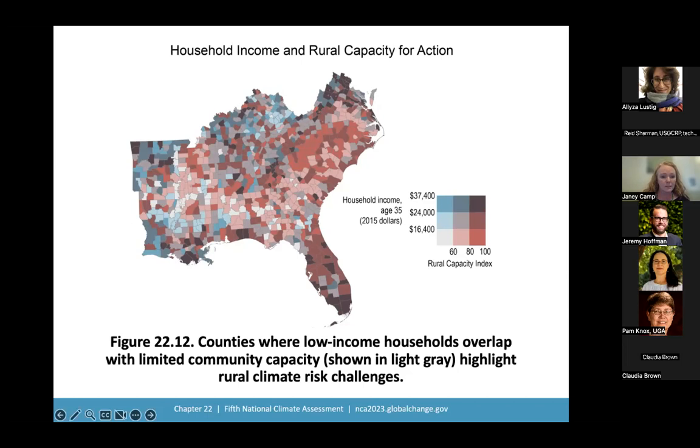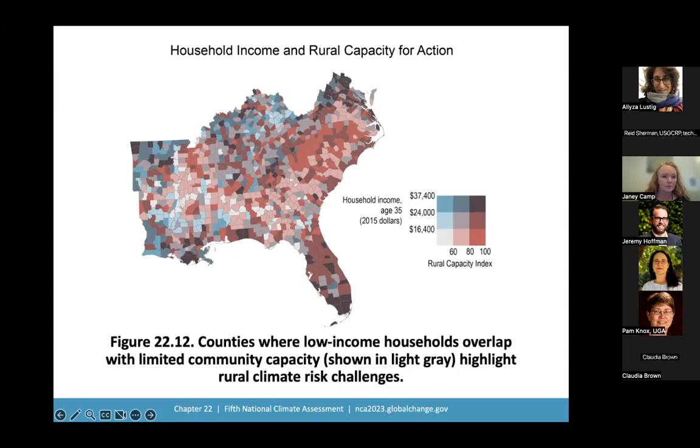And so these areas are less able to withstand the potential climate risks that will be coming to them. The areas that are shaded in the dark purple have the highest income and the most capacity to respond. And you can see some of these highlighted across the map.